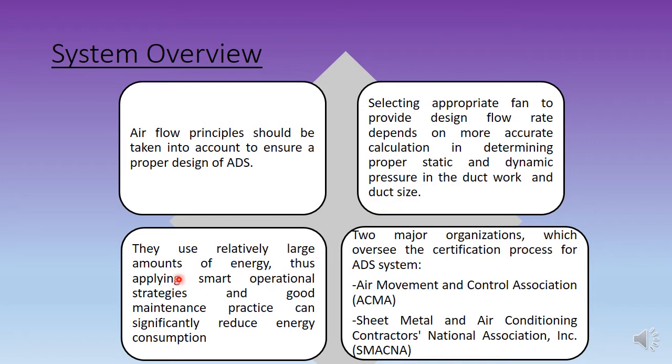And the ADS uses relatively large amounts of energy. So if you apply smart operational strategies, maybe use automatic dampers, for example airflow sensors, and so on, and if you follow good maintenance practice, of course, this can significantly reduce the energy consumption.